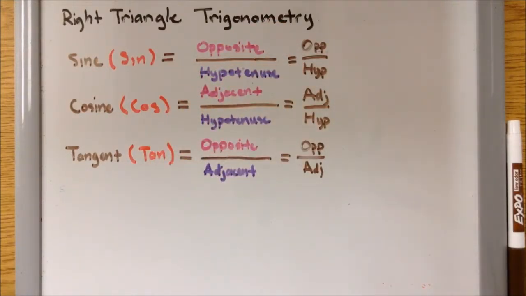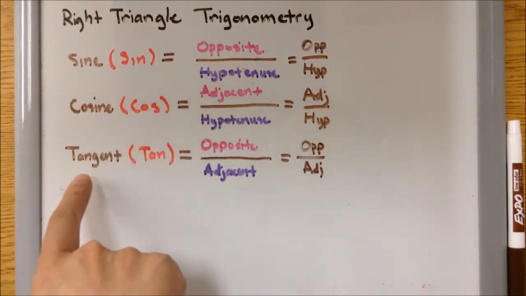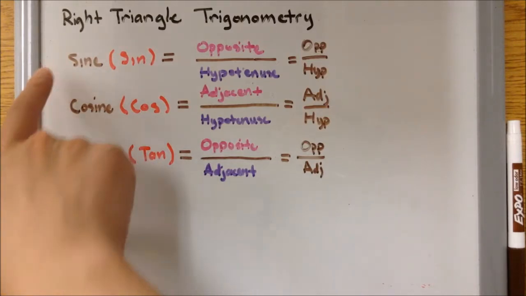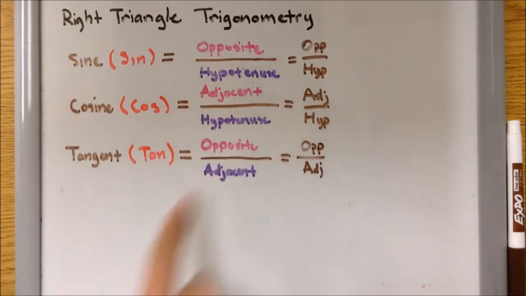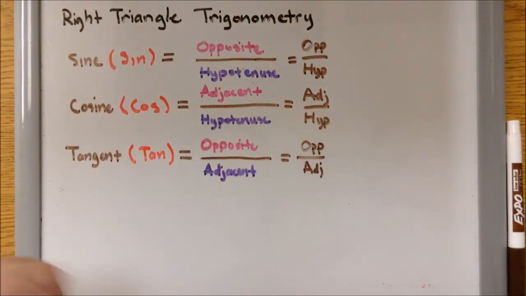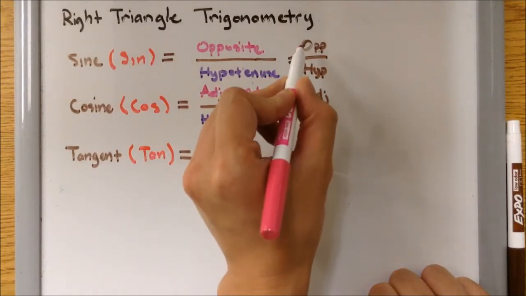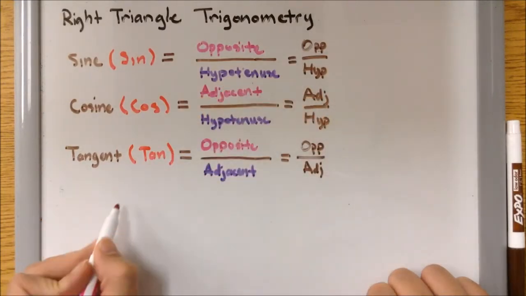Now, it's quite a lot to memorize. So there is a rule on how to memorize all the basic trig functions and their definitions. Sine is basically equal to opposite over hypotenuse.